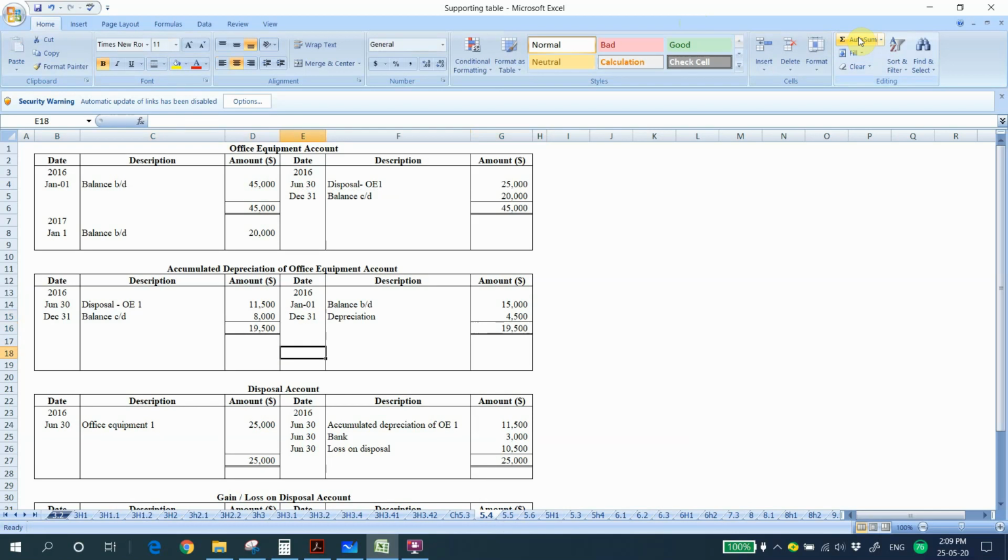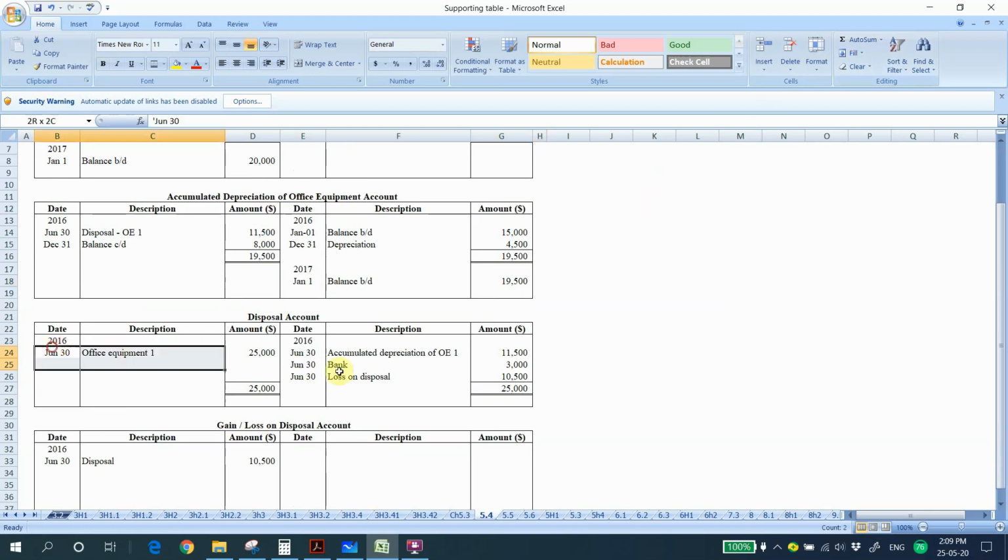So we bring this amount to next year. 19,500. And then for disposal account, we have closed. Remember, for disposal account, you will not have any balance CD and BD. This amount will be fully closed.